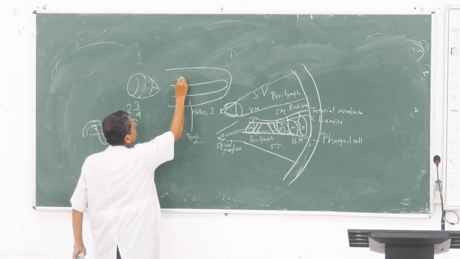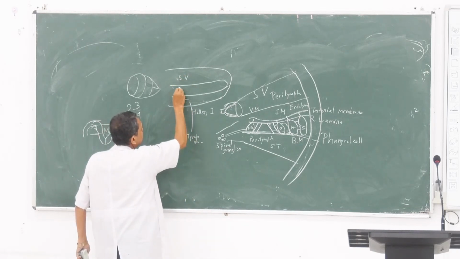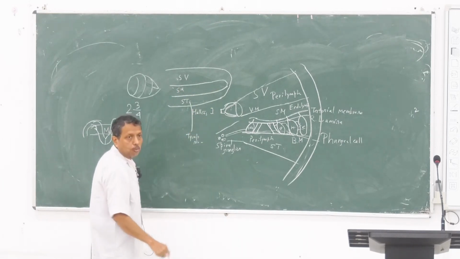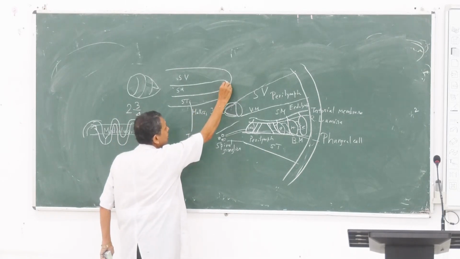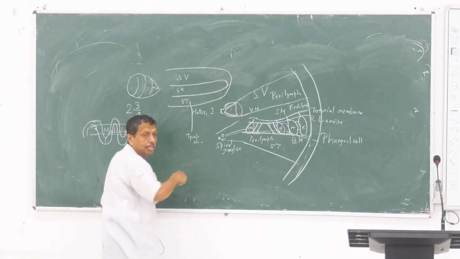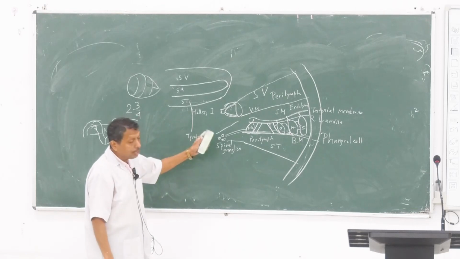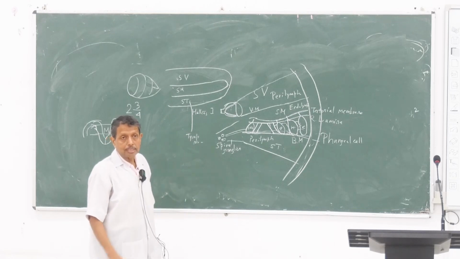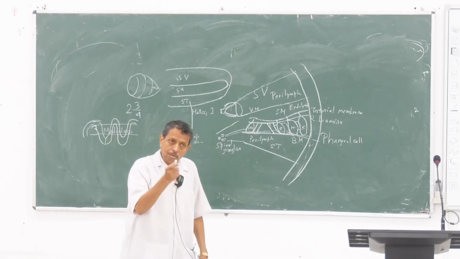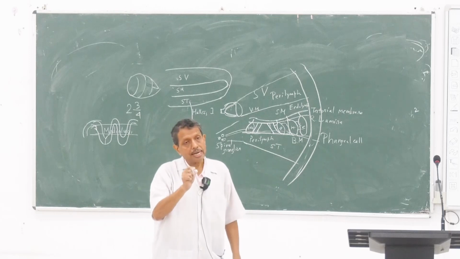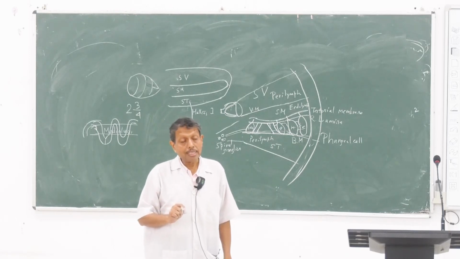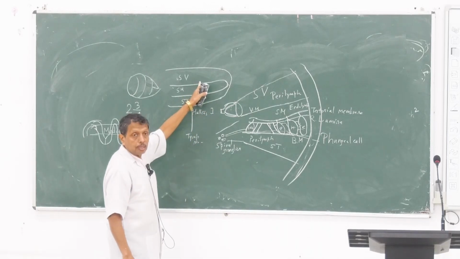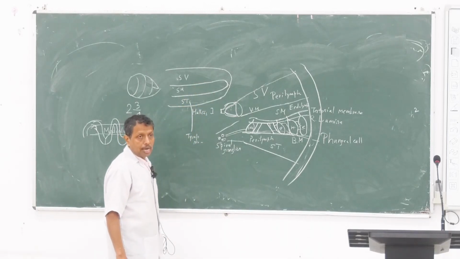So there is a connection between them, and also anatomical connection with other parts containing endolymph, the membranous labyrinth and semicircular canals. But there is no communication between this space and this space, and their constituents are different.